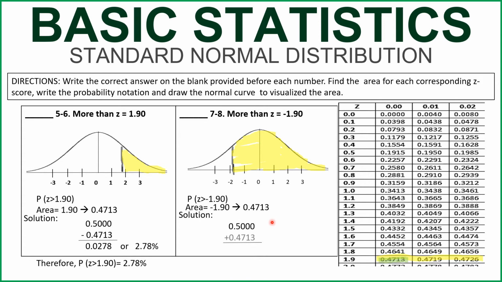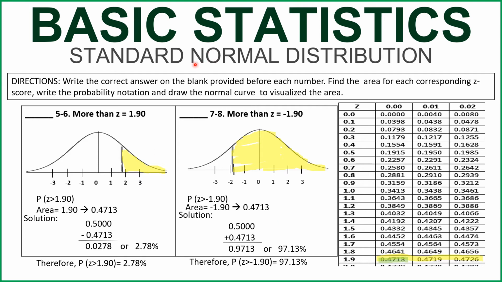That is 0.5 plus 0.4713, and that is 0.9713, or 97.13%. So, that is our probability notation. Are you still getting it? I hope you're still getting it.